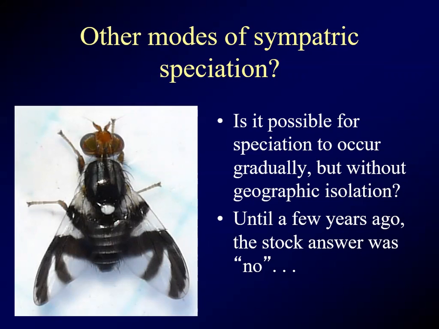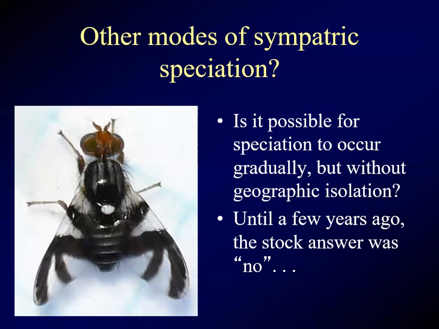And up until probably about 30 years ago, see, I'm 52, so my definition of a few is not necessarily your definition of it, the stock answer used to be no, but we now have some pretty well documented cases of gradual sympatric speciation in progress. And this is one of them.